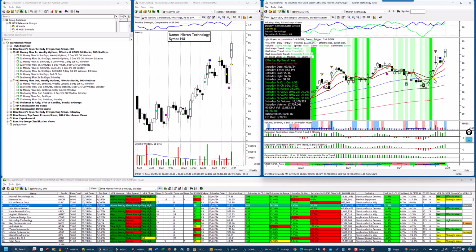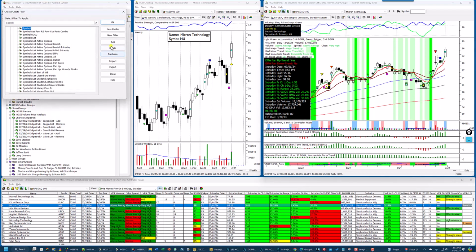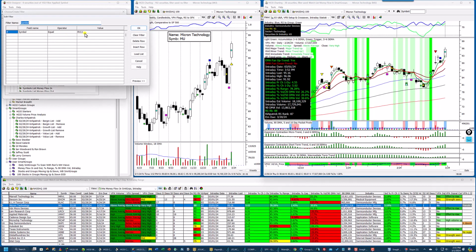Okay, now Micron would have shown up here and here also, because even though it's a small candle, it closed in the upper part of its range. Volume was above the 90. So let's just do this. This isn't a perfect stock by any means, but MU.